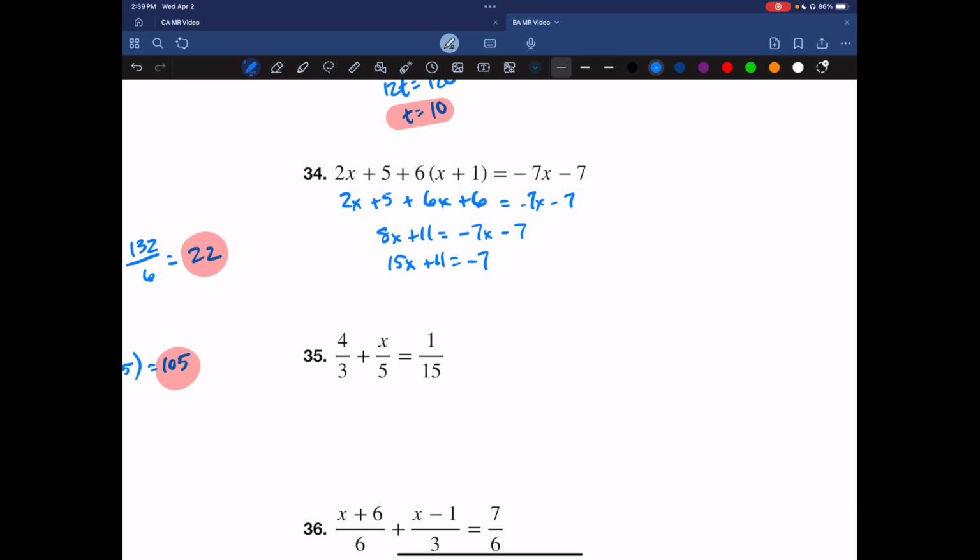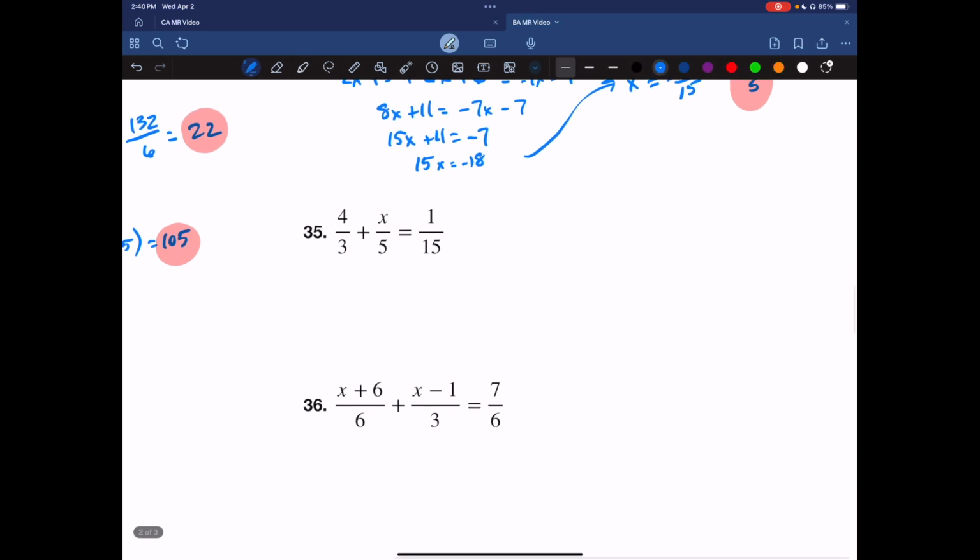Subtract 11 from both sides. It's going to be 15x equals negative 18. And so x equals negative 18 over 15. And I have to reduce that, so 3 goes into both of those. You get negative 6 over 5.